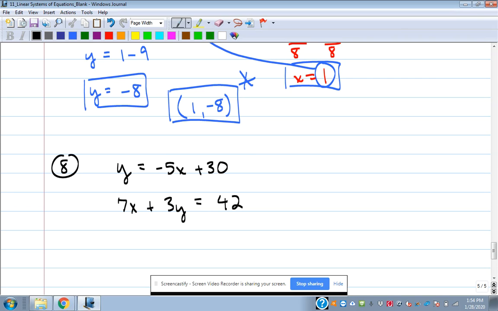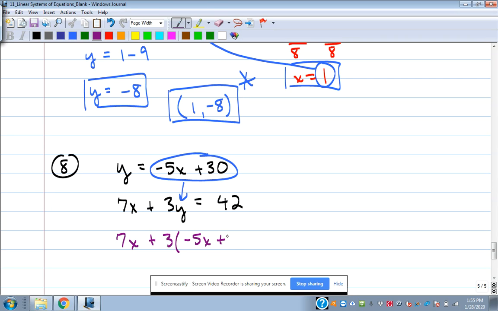So the top one already has y by itself. It doesn't have to be slope-intercept form, and it really doesn't matter which variable is by itself, as long as one of them is. And then I can take that stuff and substitute that in the place of y in the other equation. So I'm not doing anything to the second equation because I don't need to. And then I'm just plugging in.